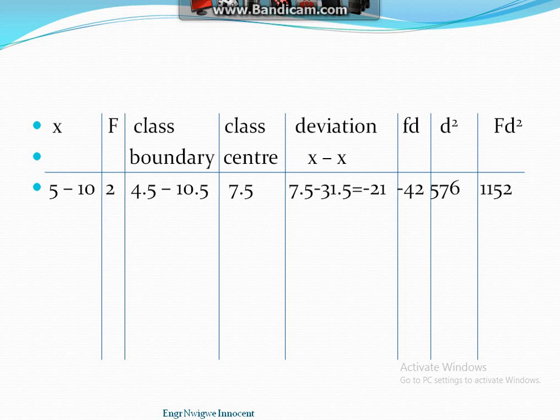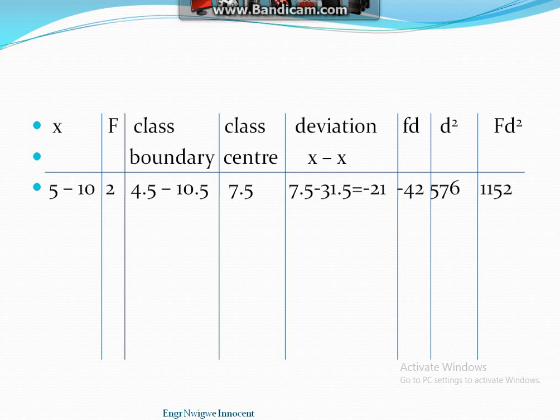Then the deviation will be the class center 7.5 minus the assumed mean, which is 31.5, which will give us minus 24. The frequency times the deviation will be 2 times the deviation, which gives us minus 48.